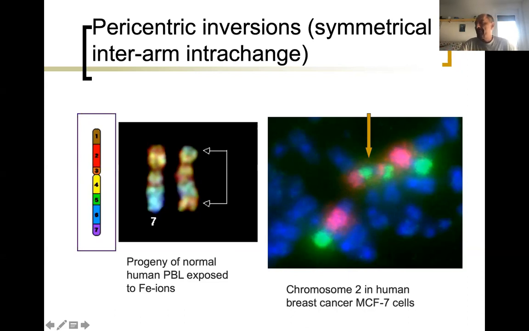So arm-specific is a very nice way to see the pericentric inversions. You can also see it in mBAND, for example, here you see this is a chromosome 7, and this is a chromosome 7 after a pericentric inversion. Again, you see the pericentric inversion, this is a band here that now you see the change.